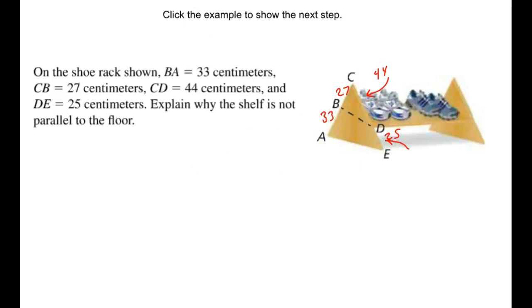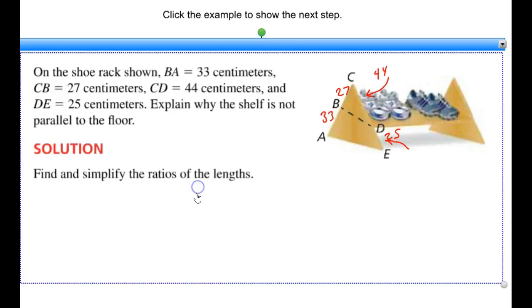Going back to my converse, I know that if my proportions are the same, then it is parallel. So let's first set up our proportions and simplify the ratios. I look at CD over DE, the right side first, so I've got 44 over 25.